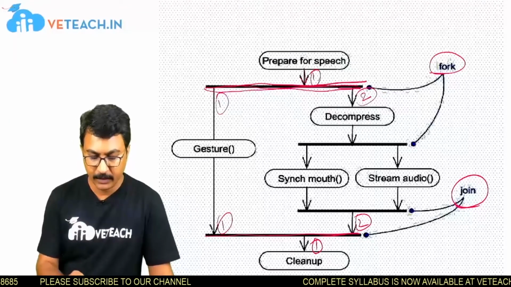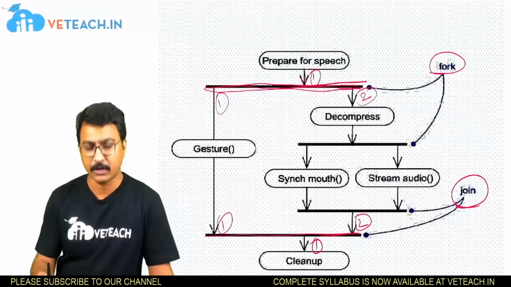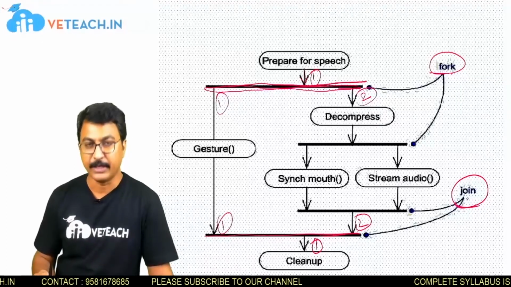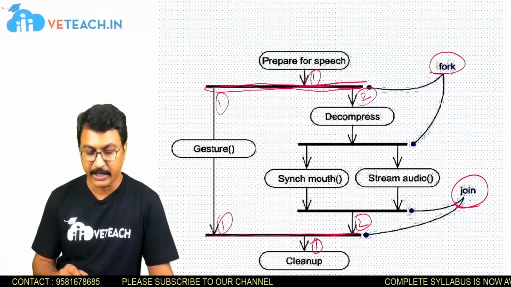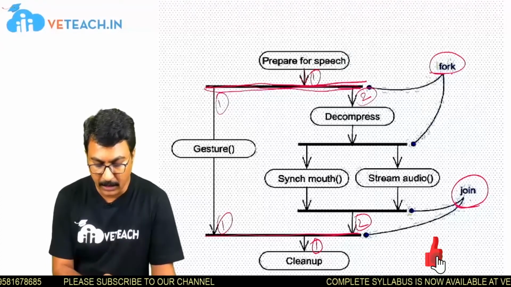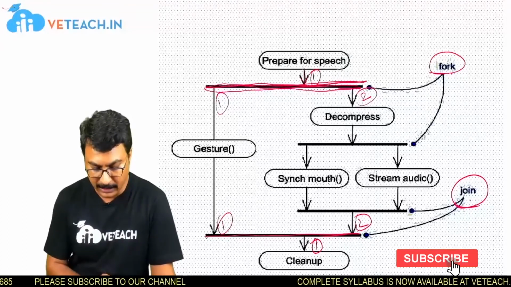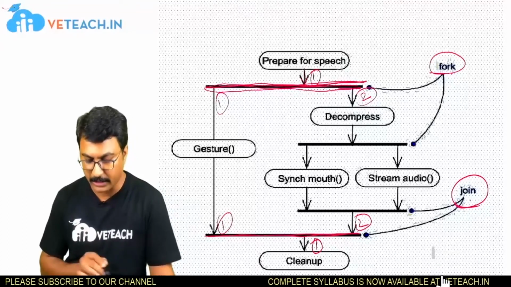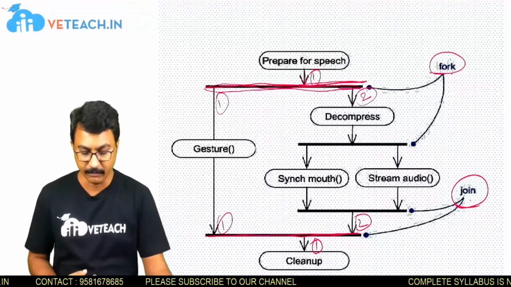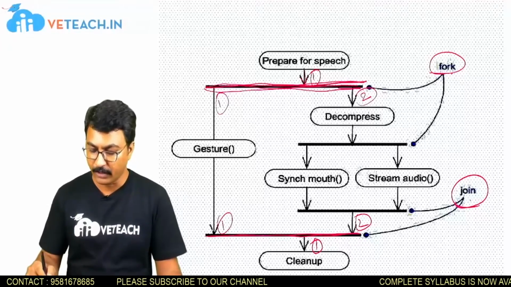So one flow of control has been split by a fork and concurrent flows of control have been merged by using a join. And how are those rendered physically? Those are graphically rendered by using a bold horizontal line among the transitions. When you do that, you call it a fork and join.